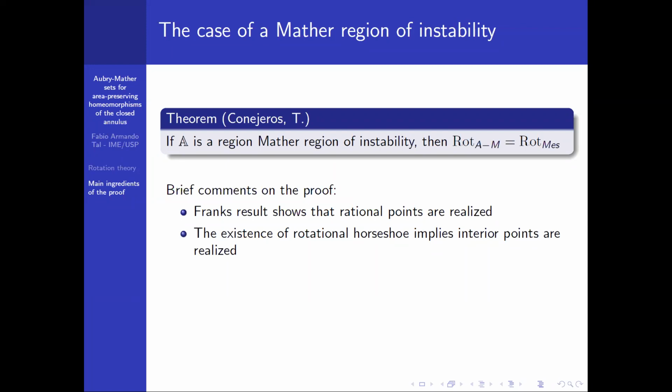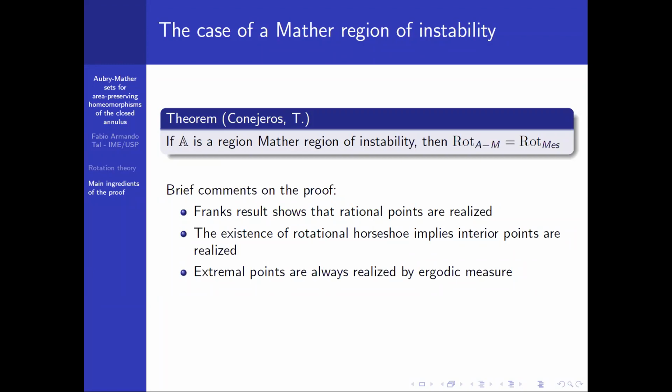So that takes care of all points in the interior, but you still need to check what happens with the extremal points. Well, one thing is that the extremal points are always realized by ergodic measures. Because as before, remember that the rotation set of measures is just a linear projection. So the extremal points are also the image of the extremal points of the set of invariant measures, and the extremal points of the set of invariant measures are the ergodic measures.